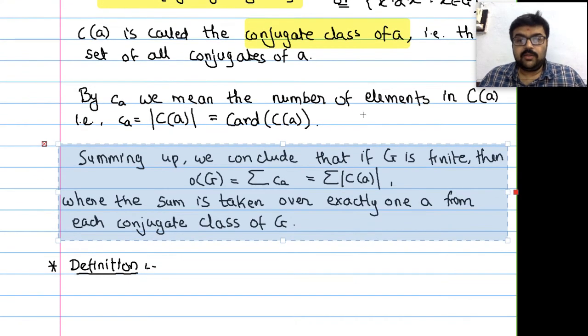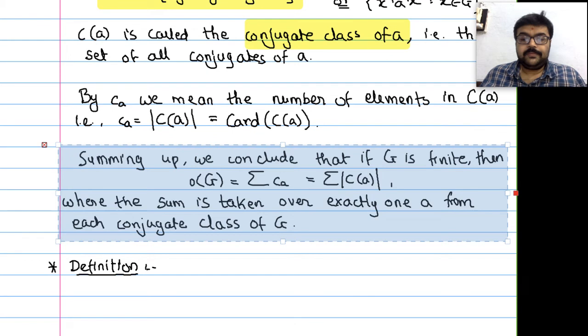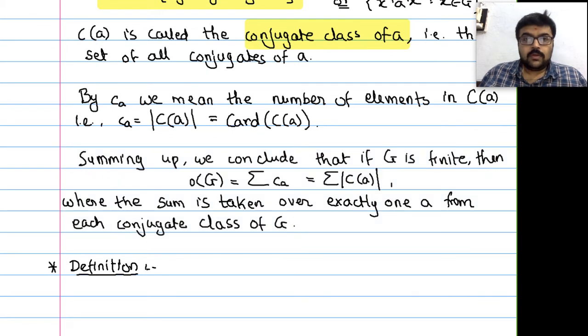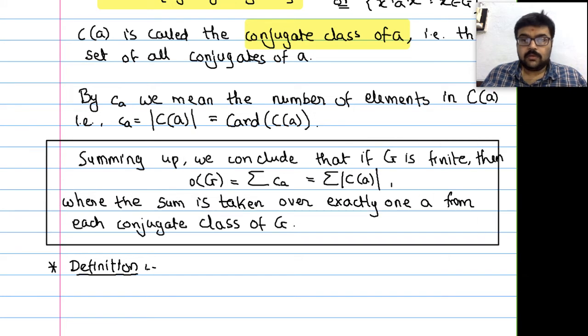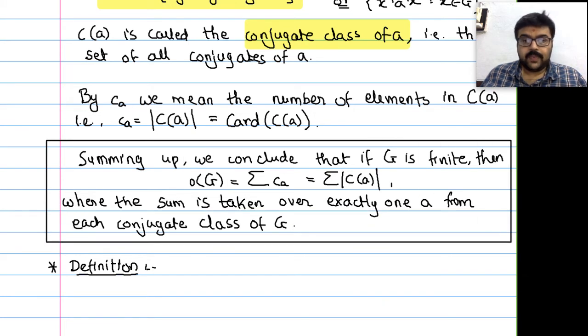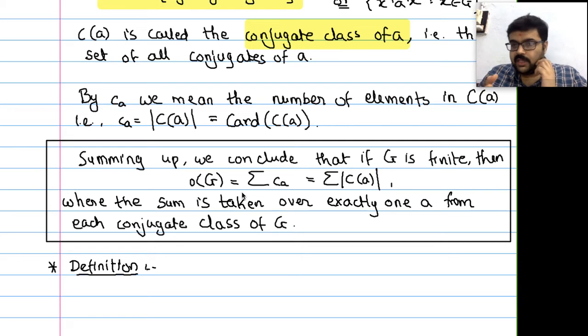Every time we'll be using this, so let me mark this with a box. We have such an expression for the order of G. Even if G is not finite, the number of elements can be enumerated like this. But if G is finite, then the order of G is exactly the sum of the elements in each class, because G is divided into these classes. Is it clear?